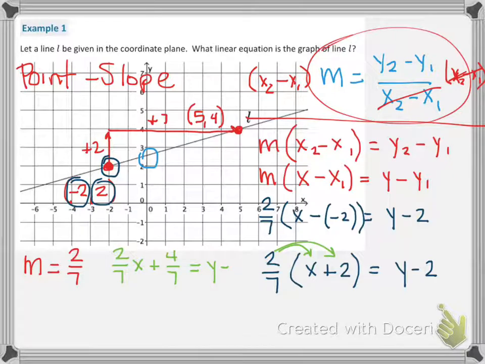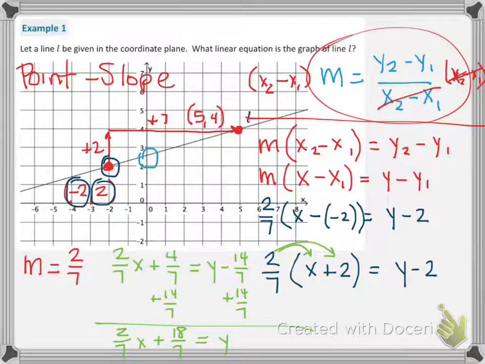And I'm going to change my 2 into 14/7 so that I can eliminate that. And then if I isolate the y by adding 14/7 to the right side and then add 14/7 to the left side, that gives me 2/7 x plus 18/7 is equal to y.